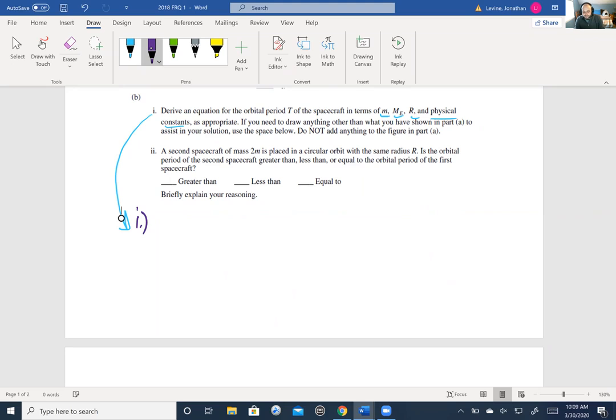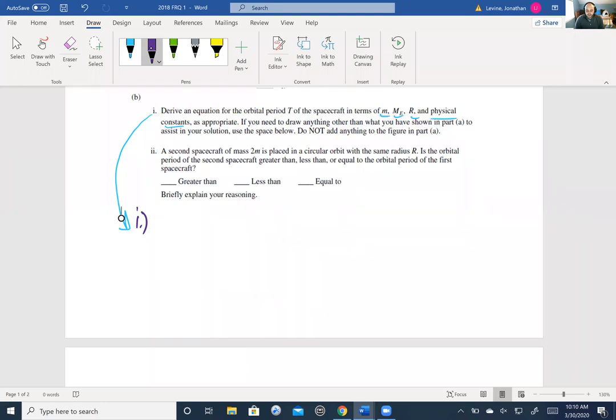For part B-I, we want to find our period. But what is our period really? Our period is the length of time it takes to go one full lap, or one full circumference in this case.